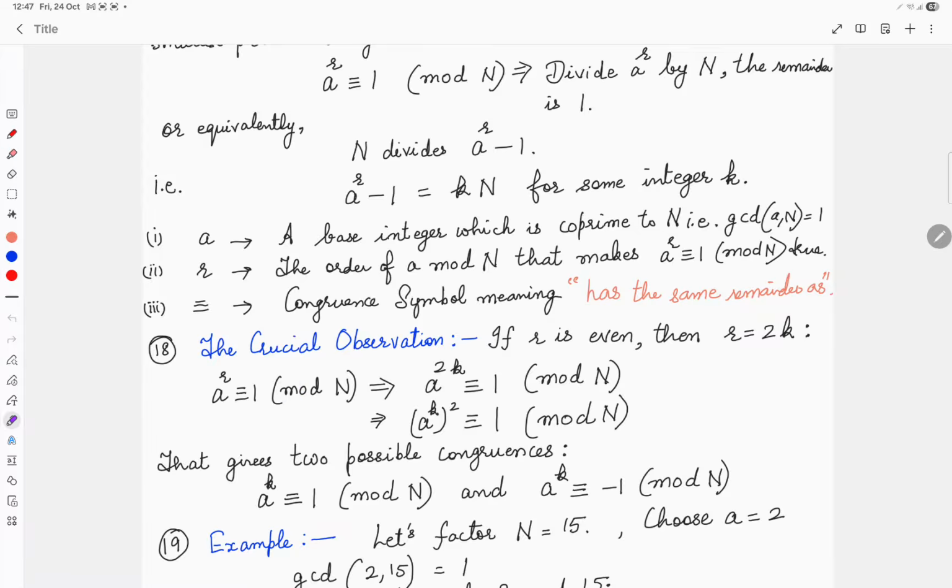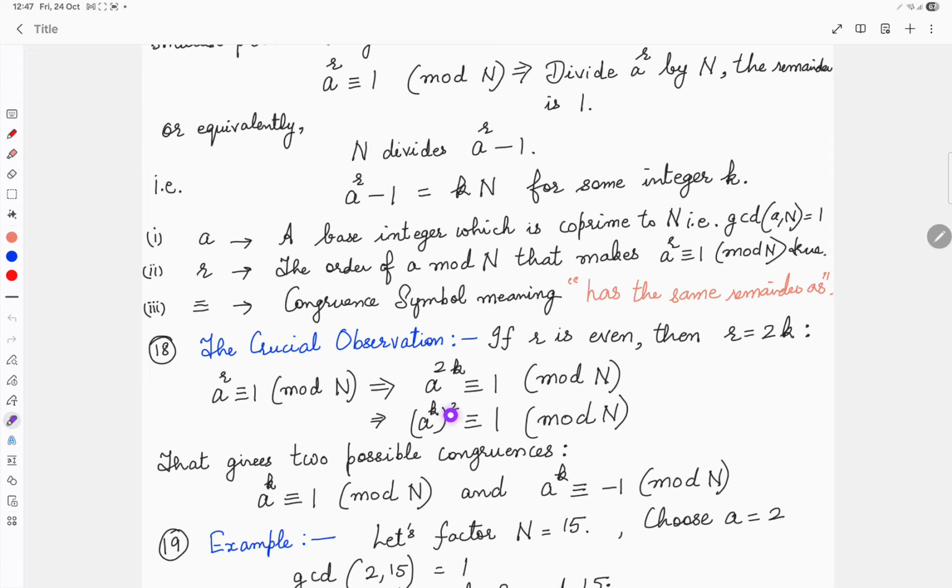Now let us look at one of the very crucial observations. So if r is even, as this was one of the conditions, then of course I can write r equal to 2 into k, right? Any k multiplied by 2. So therefore a to the power r is congruent to 1 over mod n. I can write this as a to the power 2k congruent to 1.